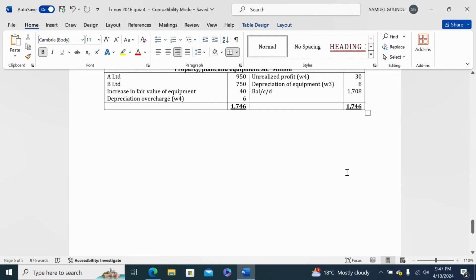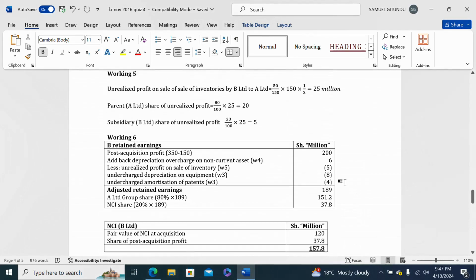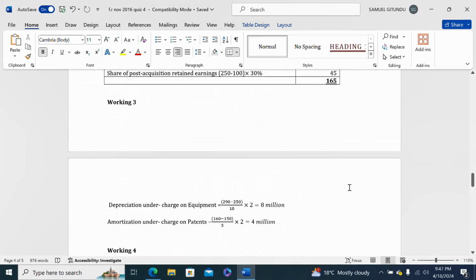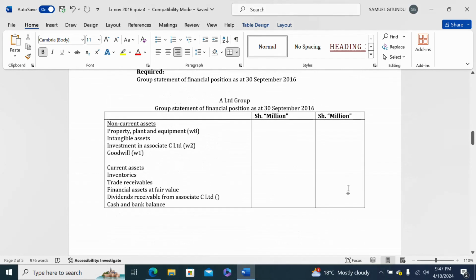The other workings, we will add them line to line because they don't involve a lot. So we can come here to the statement of financial position. This is the A Limited group statement of financial position as at 30th September 2016.